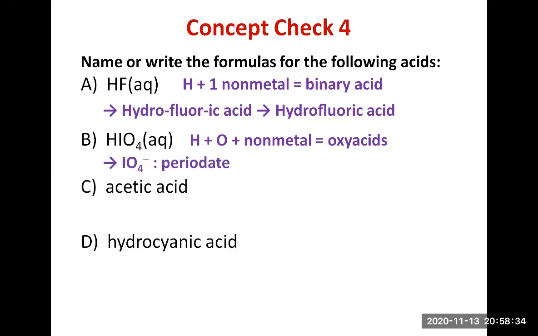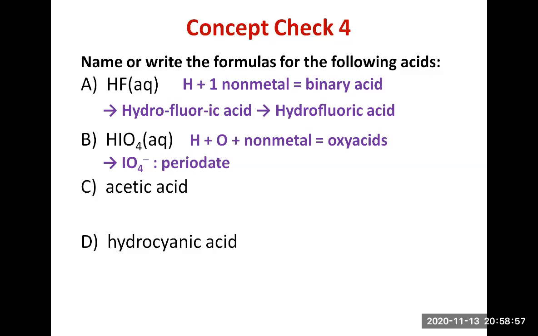The same way we have perchlorate and perbromate. The periodate comes from the iodate, which is IO3 -1, with one more oxygen, IO4 -1, which becomes the periodate. This is an oxyacid, so there's no need for the prefix hydro.